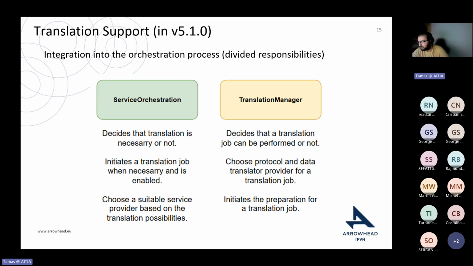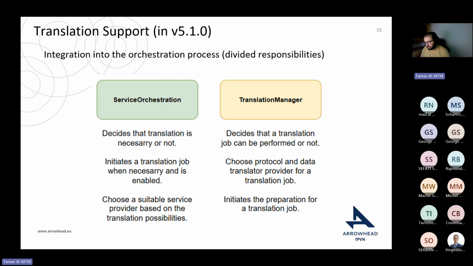to choose the proper protocol and data format translator, and will be able to send its translation negotiation request to the parties in order to have this translation bridge ready when the consumer gets back its orchestration request.